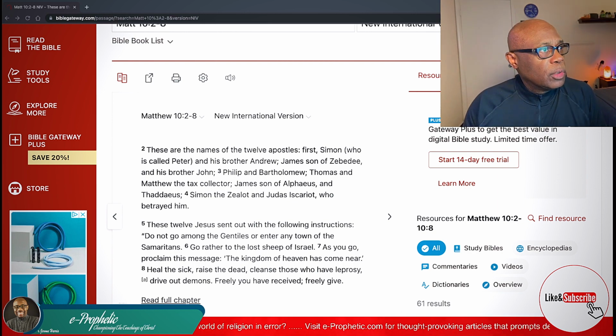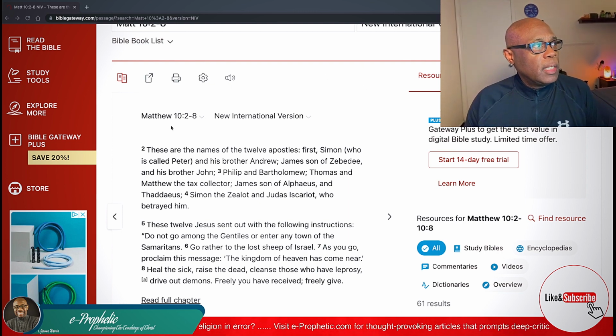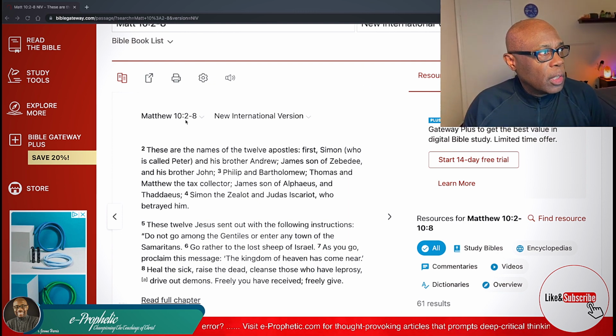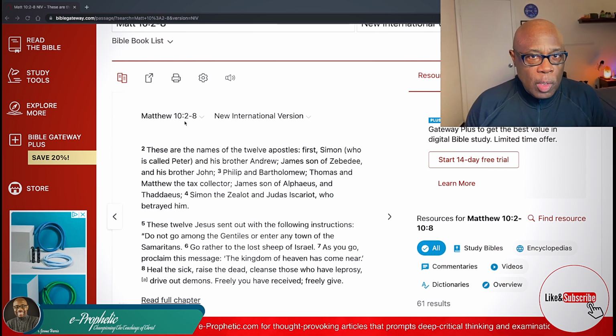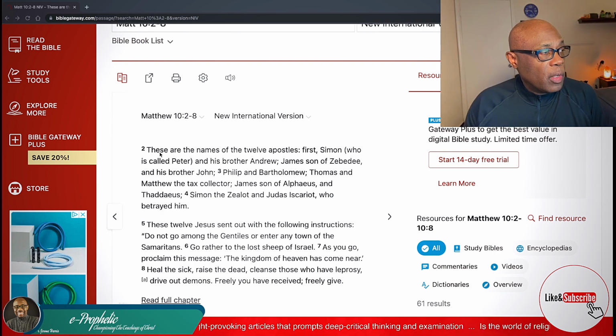So let's first go to Matthew chapter 10, and let's look at verses 2 down through 4. And this identifies the 12 original apostles. These are the men that Jesus chose. There we read, "These are the names of the 12 apostles.